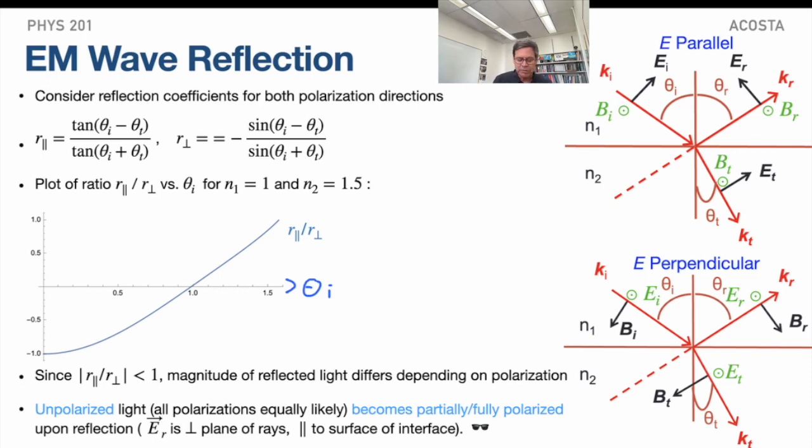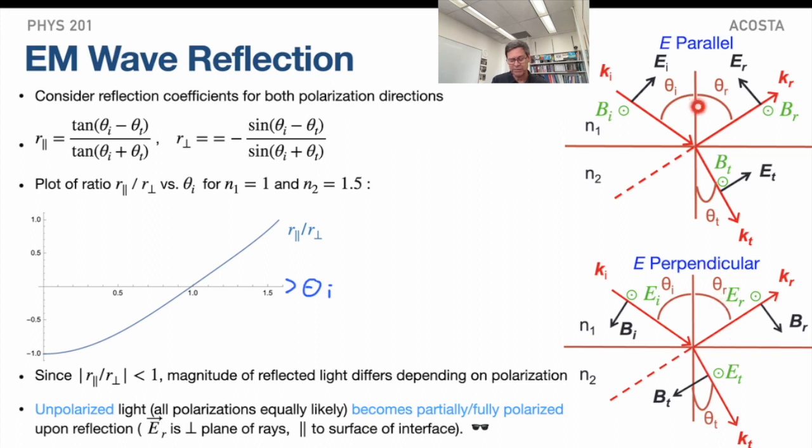So you will, particularly in the case of Brewster's angle, be fully polarized. You've completely extinguished one of the components, that parallel component. That means all that's left from the reflected wave, E_R, is the component that's perpendicular to the plane of the rays, this bottom case. This bottom case survives at the Brewster angle.